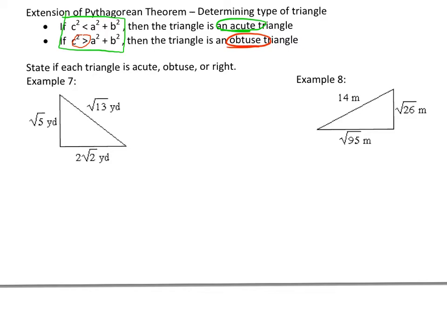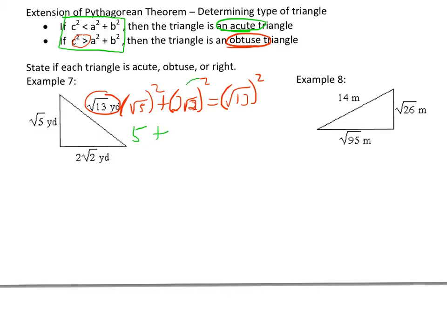Alright, now again, this is the longest side, that's the hypotenuse. So if we set up our relationship, root 5 squared plus 2 root 2 squared equals root 13 squared. As we said before, squaring a square root cancels each other out, and you get 5 plus, now here we have a product inside the parentheses, 2 root 2.